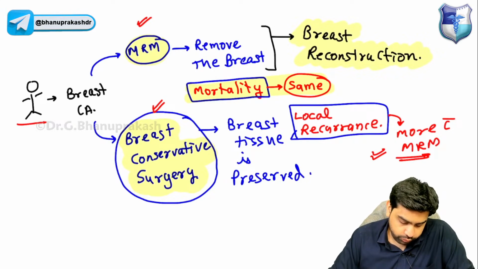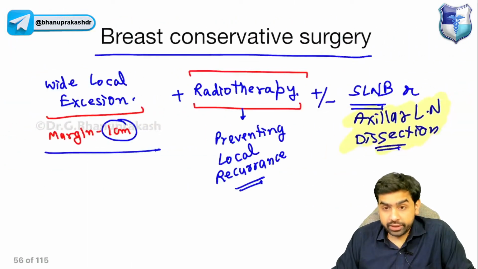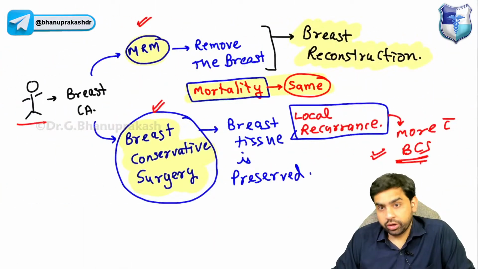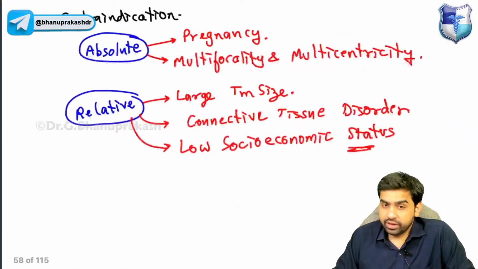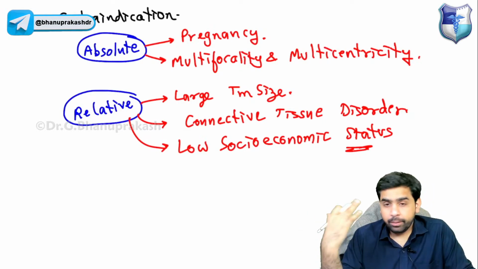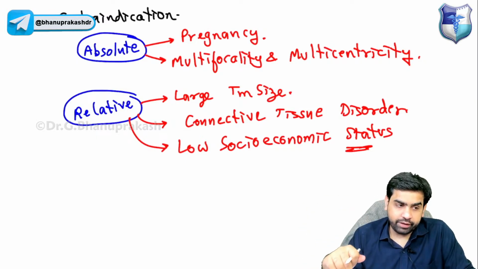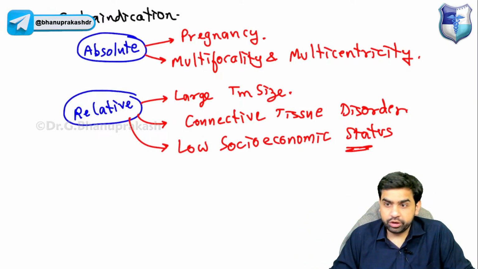Oh, I'm sorry, over here I've written MRM, really sorry for this. Recurrence is more with breast conservative surgery. If recurrence occurs, it will not be detected, and this might lead to mortality in these patients, and that is why low economic status is a relative contraindication. I hope you're able to understand this point. Simple funda: the patient will not come back, recurrence will happen, it will go undetected, and the patient might lose their life. So that is what you need to understand here.